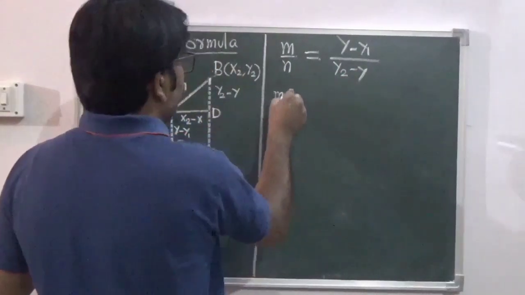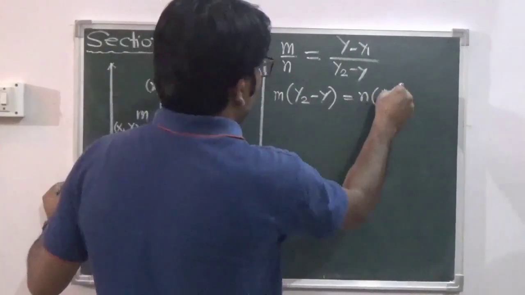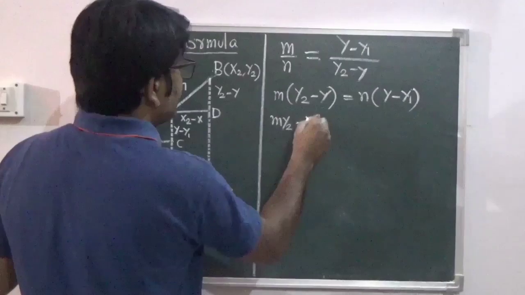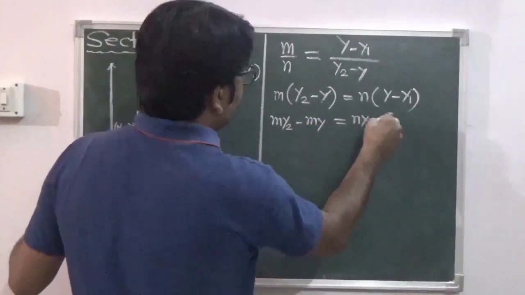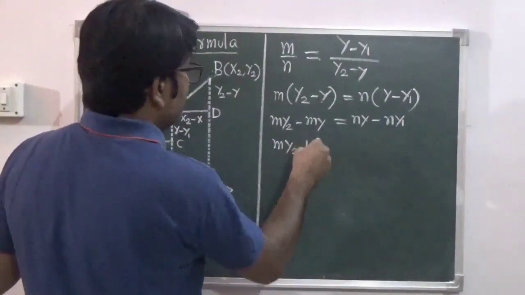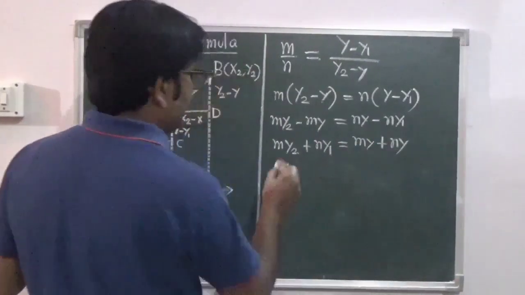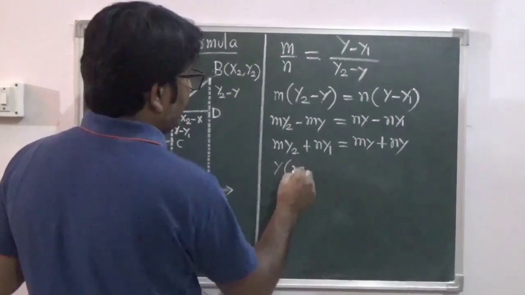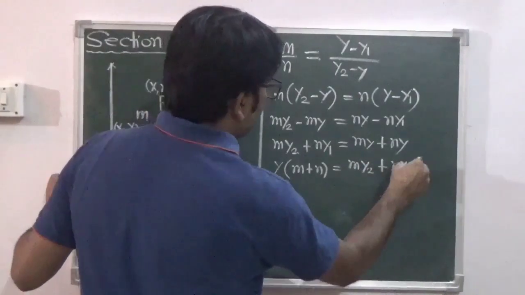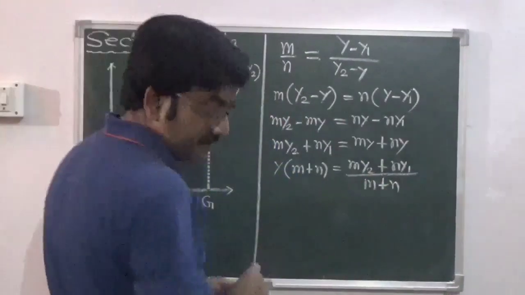So we cross multiply, m into y2 minus y equals n into y minus y1. So it is my2 minus my equals ny minus ny1. So we have my2 plus ny1 equals my plus ny. So y times m plus n, that is my2 plus ny1 by m plus n.